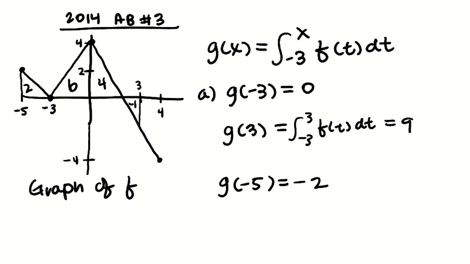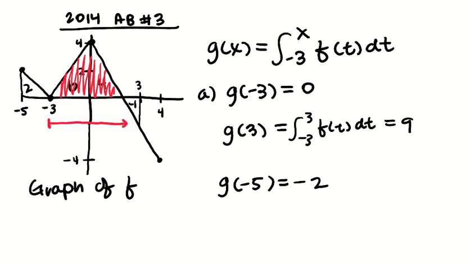All right, there you go. So starting with g of negative 3, g of negative 3 is the integral from negative 3 to negative 3 of some function, which is always going to be 0. There's going to be no area. G of 3, we're going to have to count the area starting from here at negative 3 and going all the way up until positive 3. And so we're counting, we get 6 units of area from here, 4 more, that's 10.